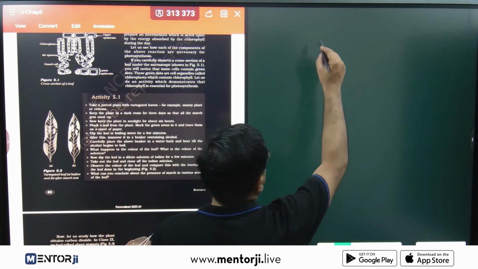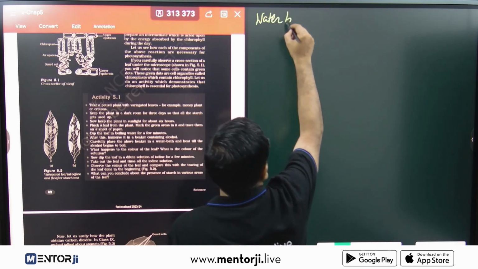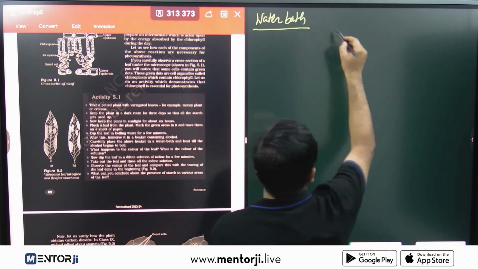So in this indirect heating, named water bath, what should we do?